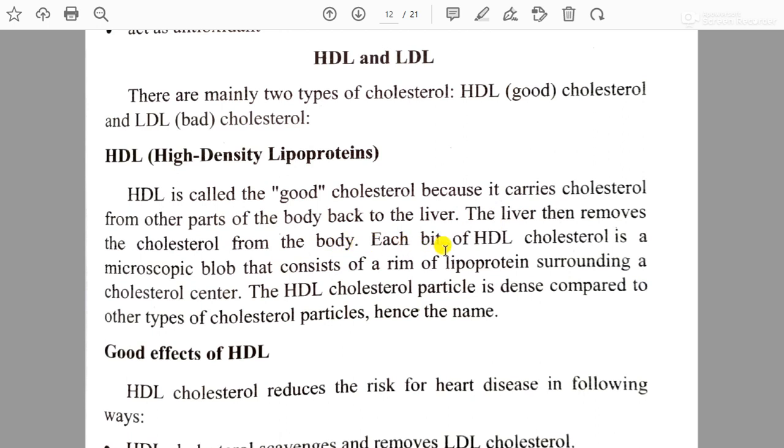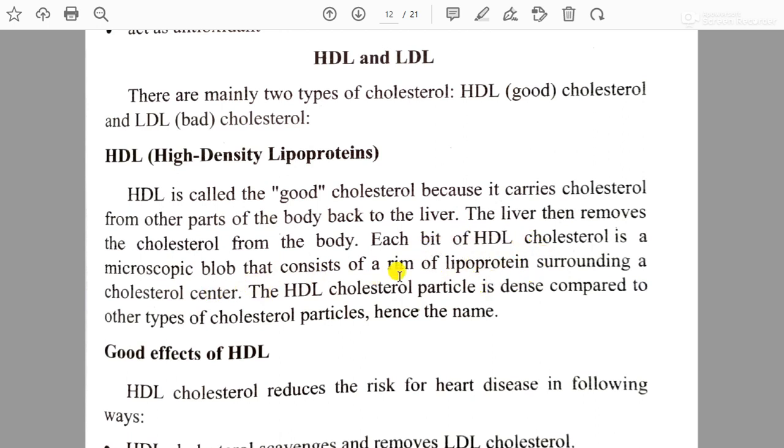Each bit of HDL cholesterol is a microscopic blob that consists of a rim of lipoprotein surrounding a cholesterol center. So this cholesterol center, a group of cholesterol molecules, is surrounded by a layer of lipoprotein.